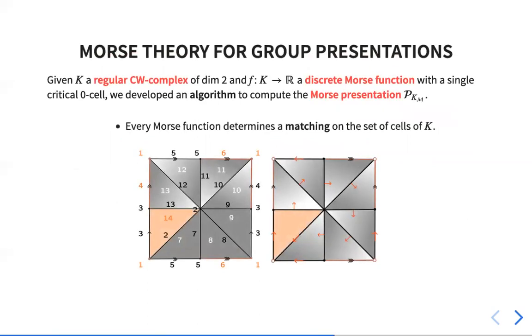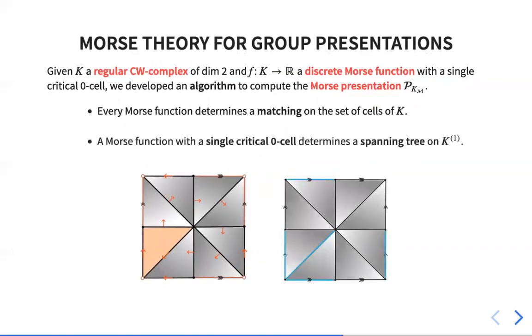Well, for those of you that didn't work with Morse theory, when you have a Morse function, it induces a matching in the set of cells. In the case of dimension 2, this matching can pair cells of dimension 0 and 1, or 1 and 2. Okay. If you look at the pairs of cells of dimension 0 and 1, this induces a spanning tree.